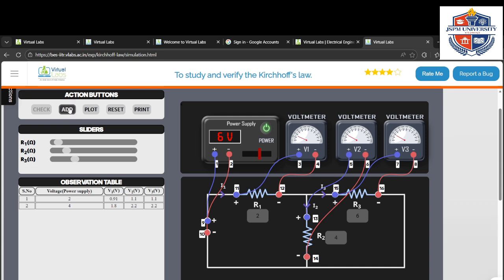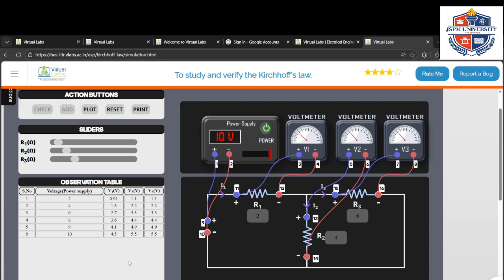Then we have to add it. So after 6, we can move to 8 volt and add it. Then see, V1 plus V2 will be the total supply voltage, right? Then I am going to make 9 volt as well as 10 volt. I will add the values for 9, and for 10, then I will add the values.